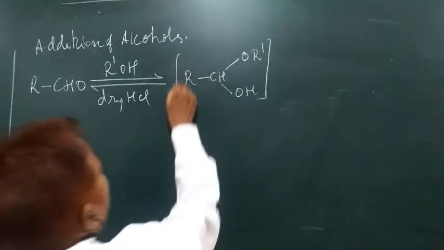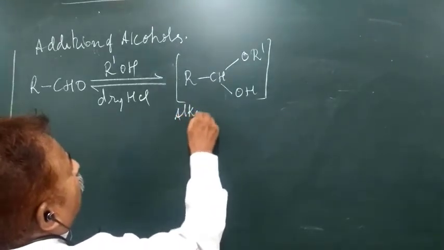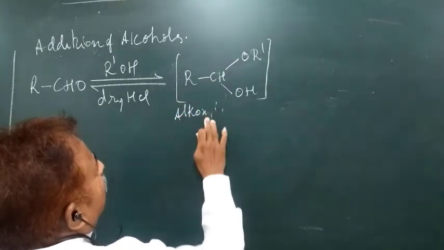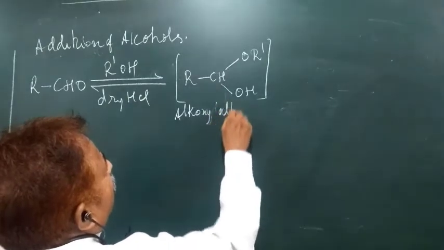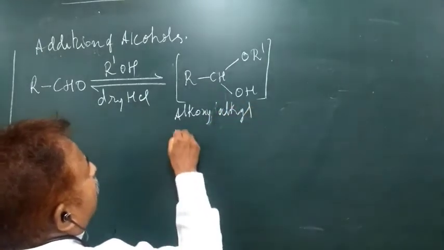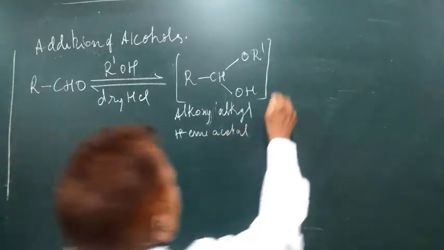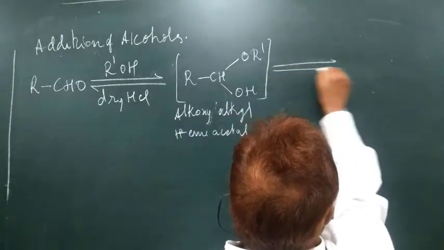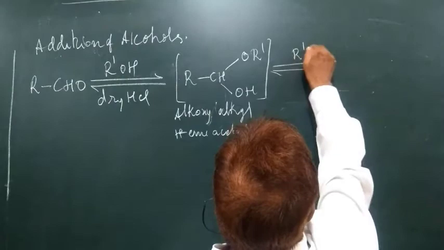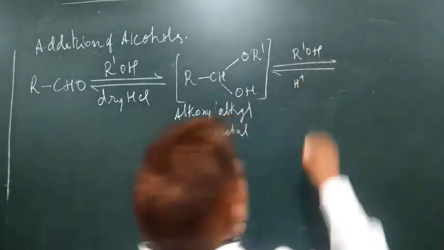This is the alkoxyalkyl intermediate. This we call a hemiacetal. This reacts with one more molecule of alcohol.